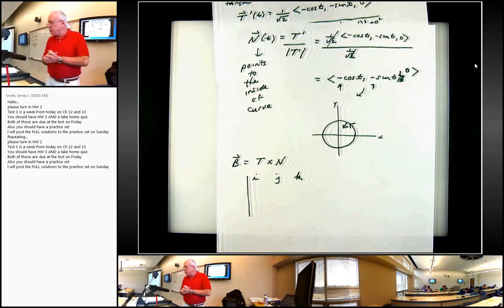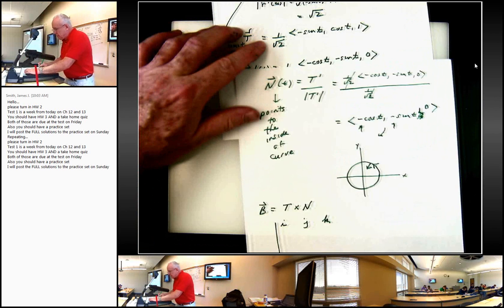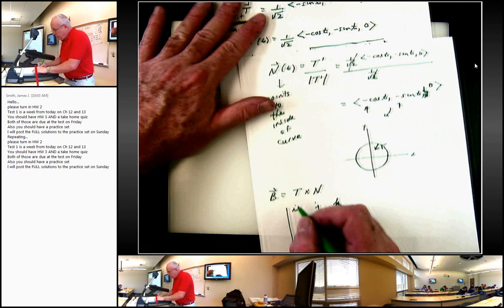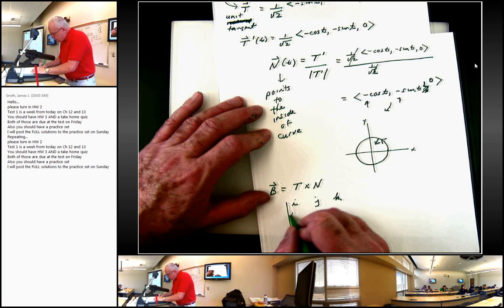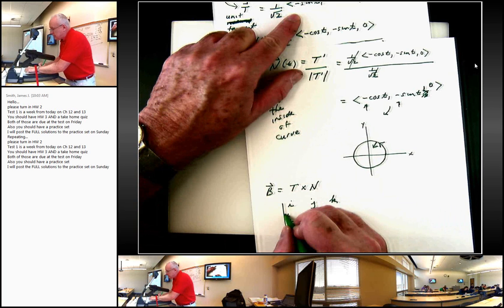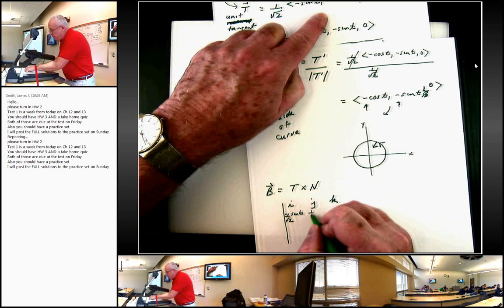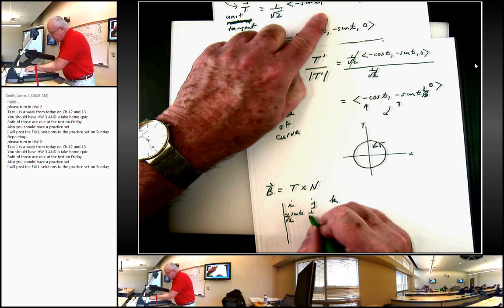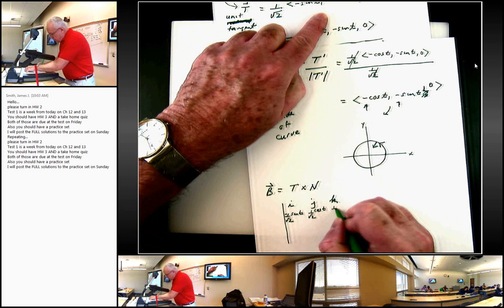What's our T vector that we got? The T vector is 1 over the square root of 2 times minus the sine of t, 1 over the square root of 2 times the cosine of t, 1 over the square root of 2 times 1.